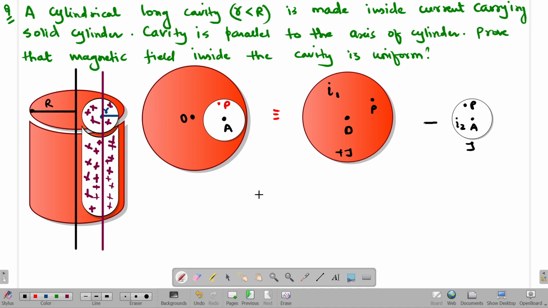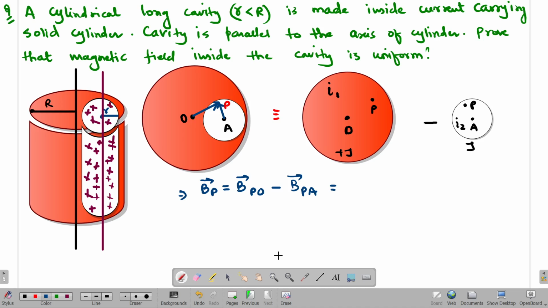So the magnetic field at point P can be imagined as the magnetic field at P due to O minus the magnetic field at P due to A. Is that clear?